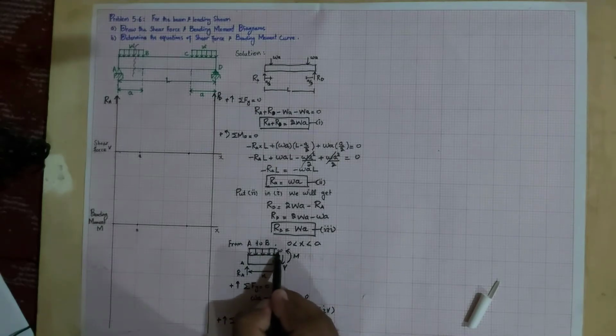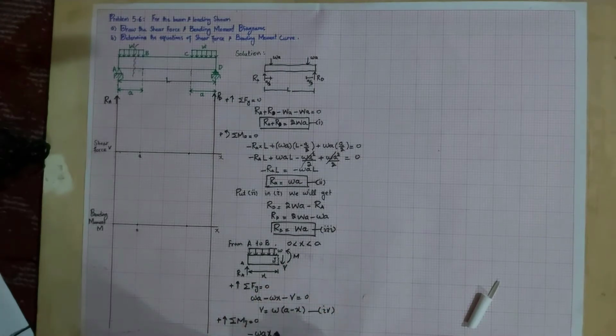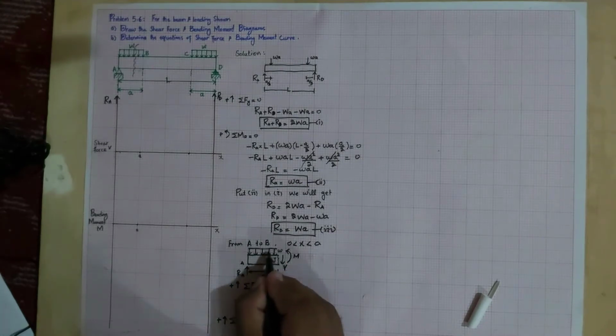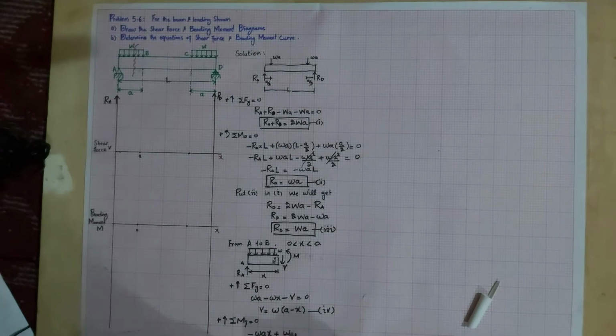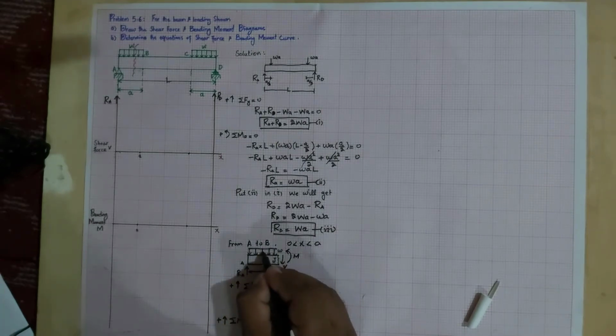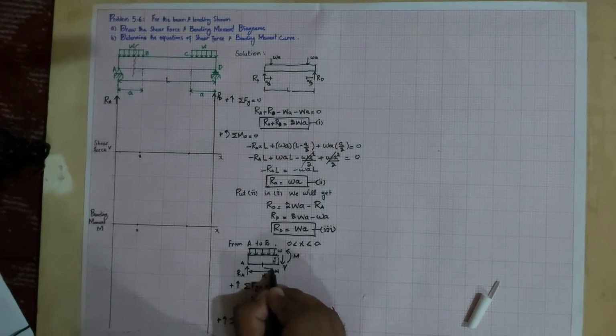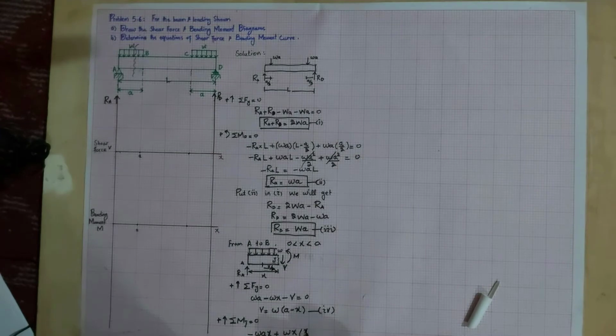This distributed load is also producing a counterclockwise moment, so it will be positive, and the value will be W into X. This will be the magnitude, and it will act in the middle, so the perpendicular distance will be X by 2, so into X by 2, plus this moment, that is counterclockwise. So that will be equal to 0.